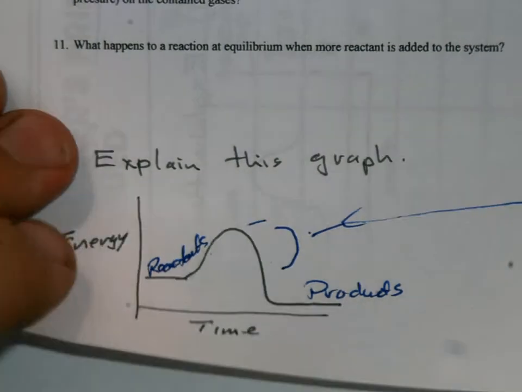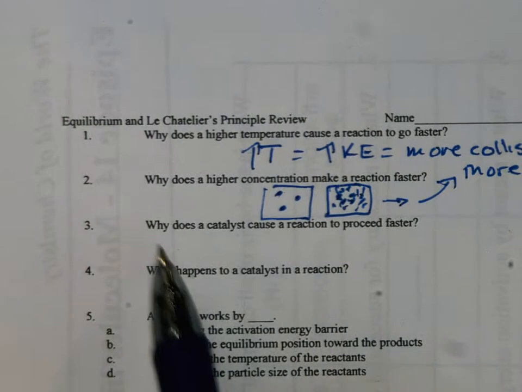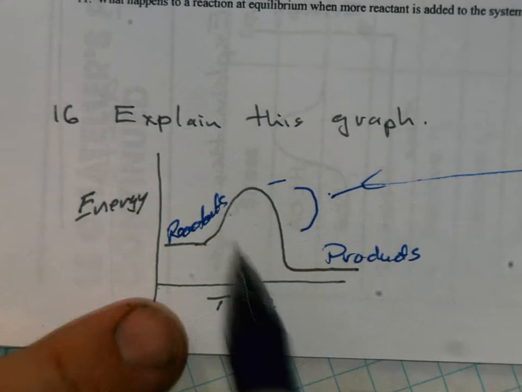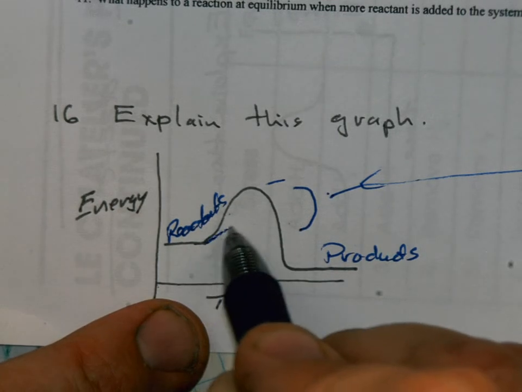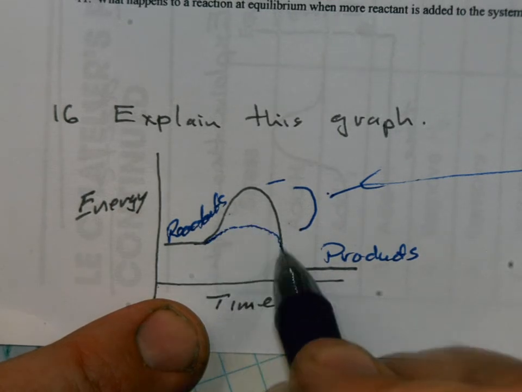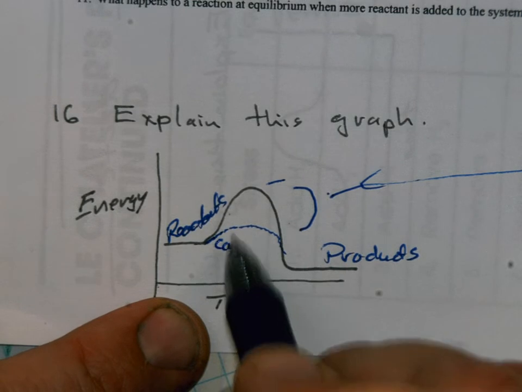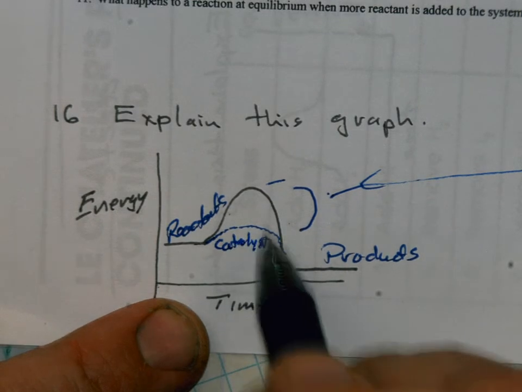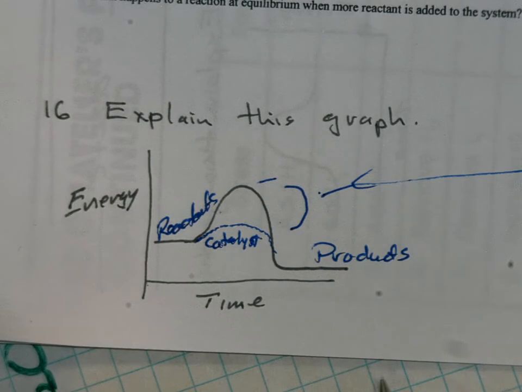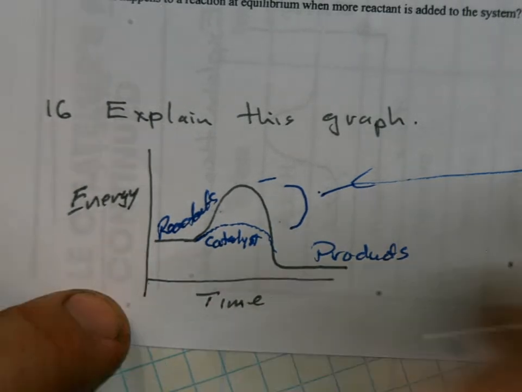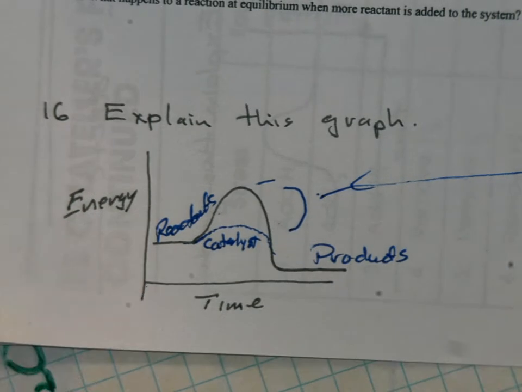Now, to get back to question number 3, why does a catalyst cause a reaction to proceed faster? Catalysts allow the reaction to go faster because they lower the activation energy. In the match example, if we get the match heated up to like 350 degrees, it's not going to take as much striking energy to get it started.